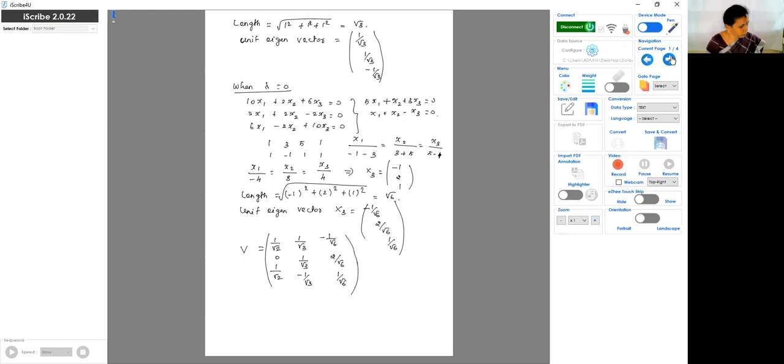Next, we are going to find the U matrix. For that, we need eigenvalues for A transpose. Okay.